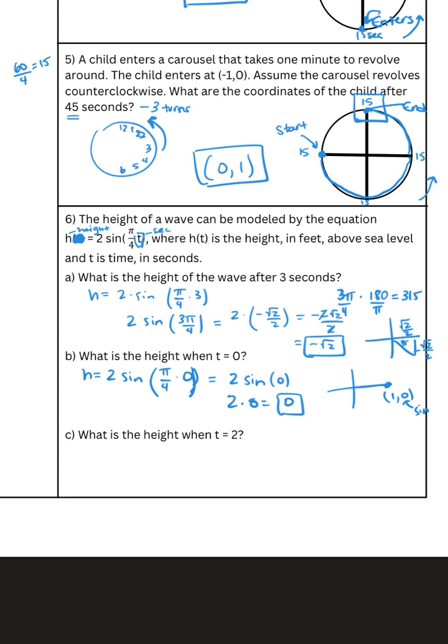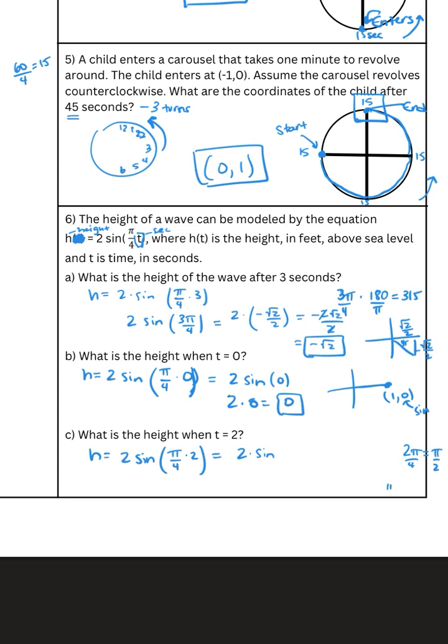And then the last one is when t equals 2. So I've got 2 times sine of pi over 4 times 2. And pi over 4 times 2 is 2 pi over 4, which is the same thing as pi over 2.